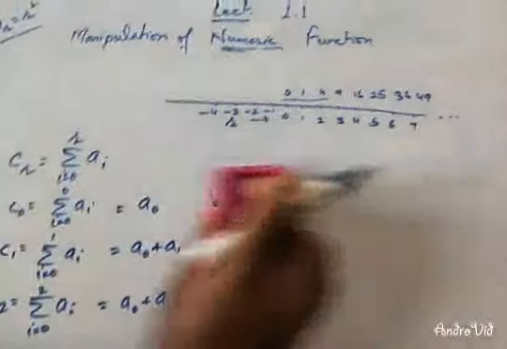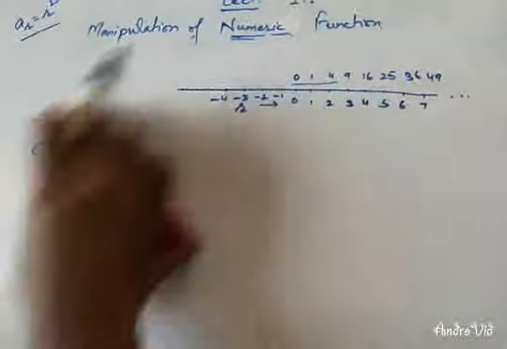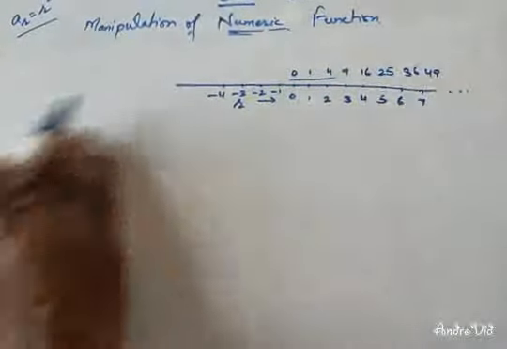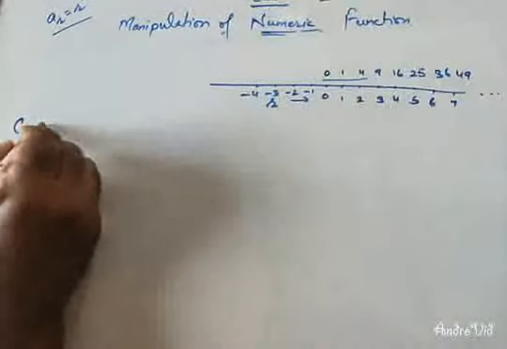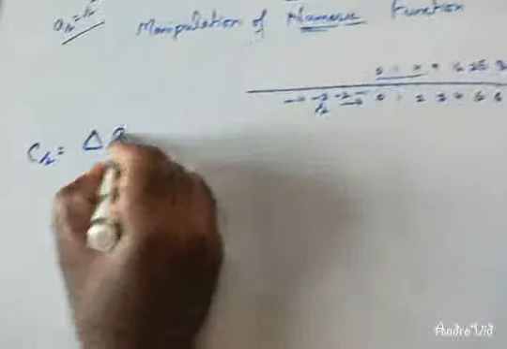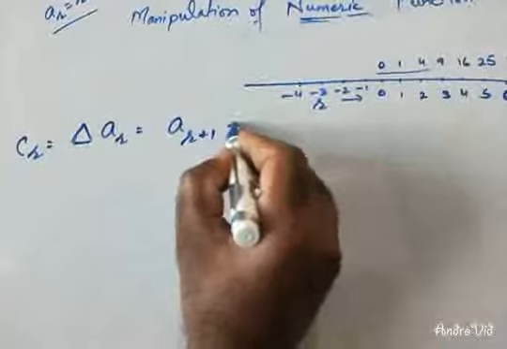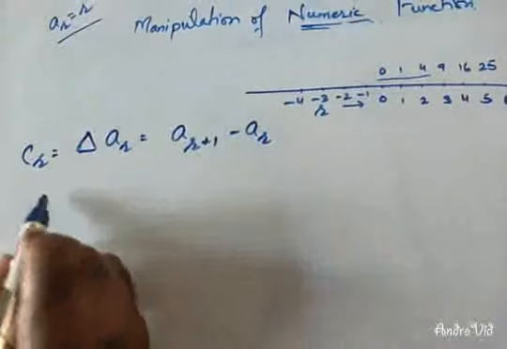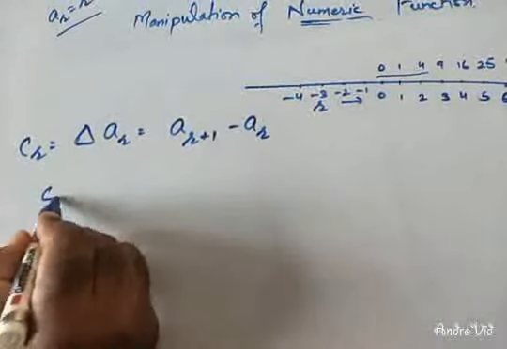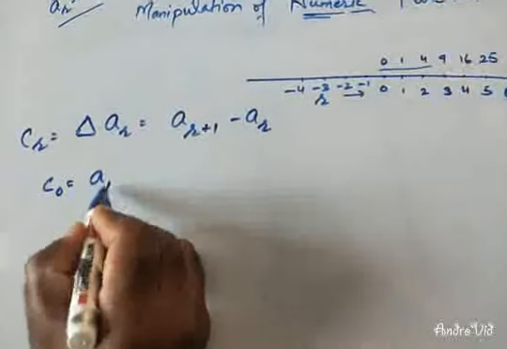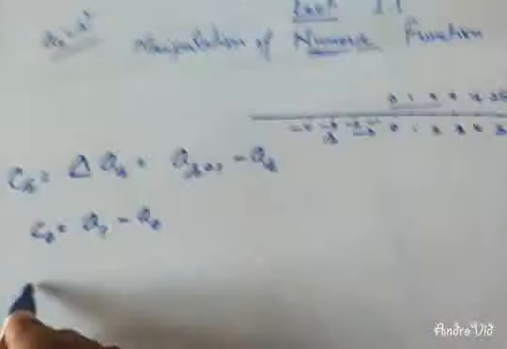Now there are two differences, one is forward difference and one is backward difference. So CR equals to forward difference of AR, which was represented as AR plus 1 minus AR. So at C0 this will be A1 minus A0.